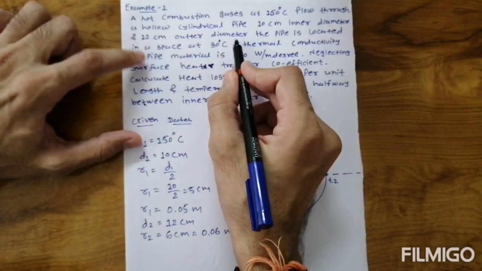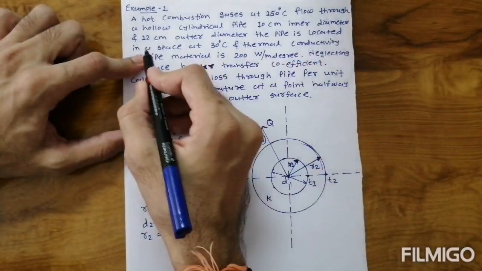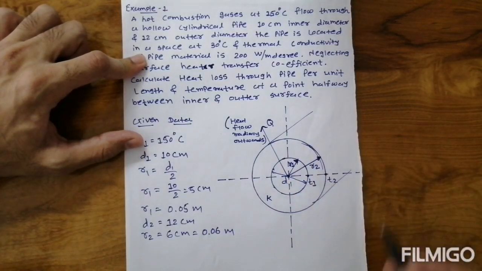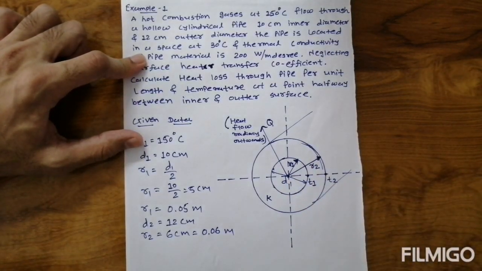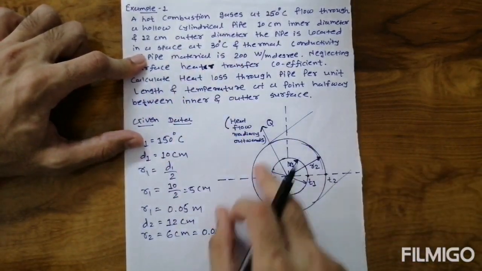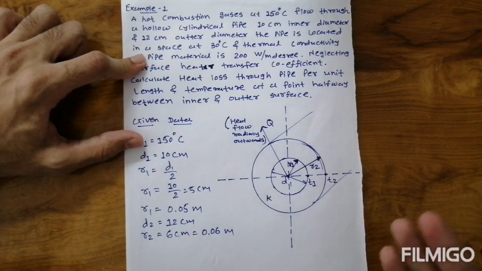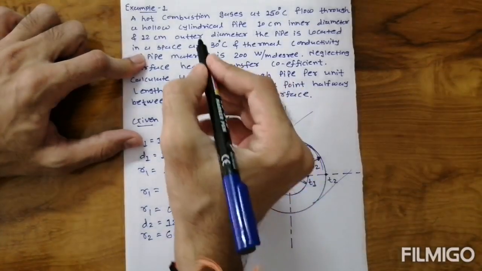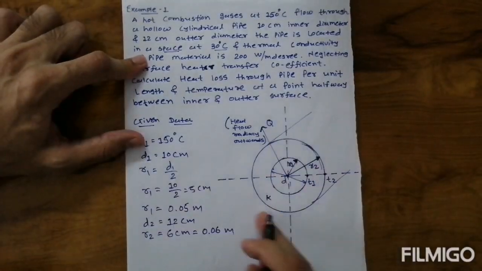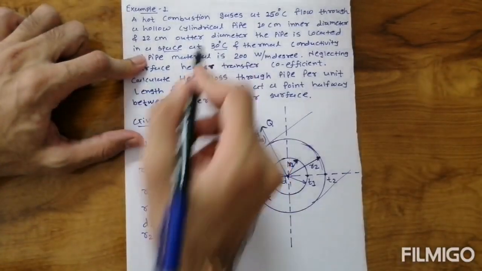Now the pipe is located in a space at 30 degrees Celsius. So the outside temperature is given, and how much is it? 30 degrees Celsius, because the space is the outside.